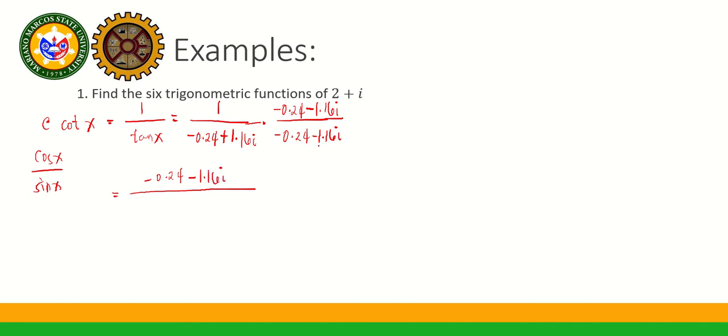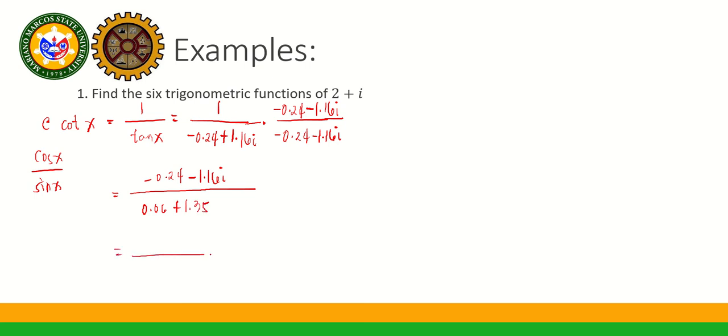And then again, difference of 2 squares. So 0.24 squared is equal to 0.06. So positive na siya. And then 1.16i squared, that is 1.35. And then multiplied, i squared is equal to negative 1. So magiging positive na siya, 1.35.